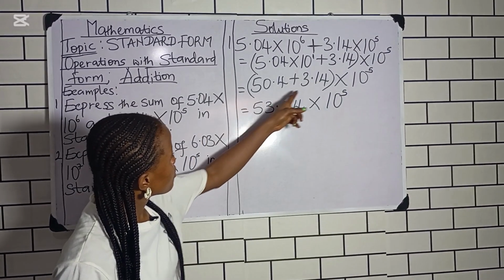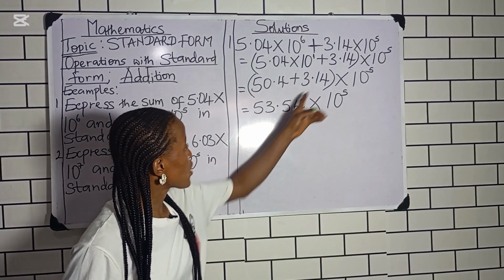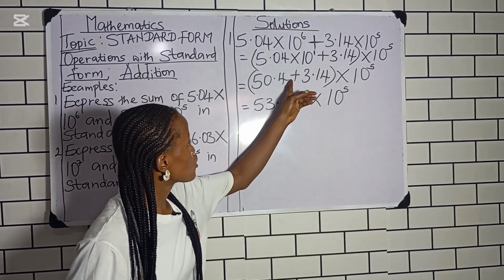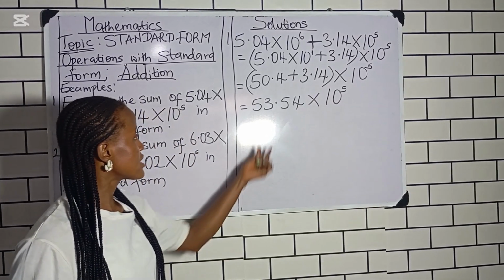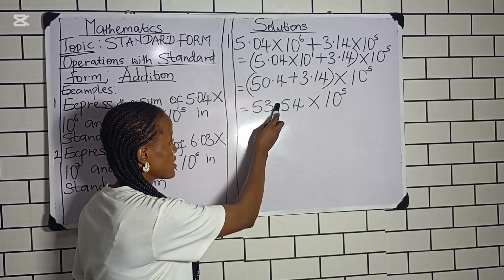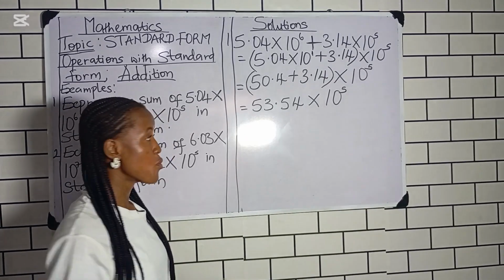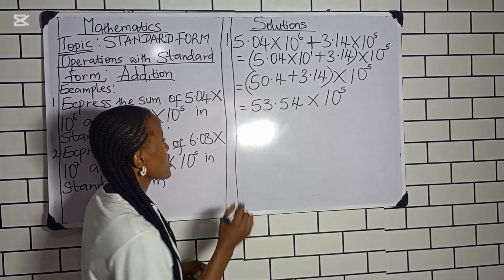Here, 50 plus 3 will give us 53. 4 plus 1 will give us 5. There's no other number here, therefore you bring down your form. Now, reducing this further to a power of 10, this is where our decimal point is. Therefore, we are going to move it in front, to the left. Now we count.